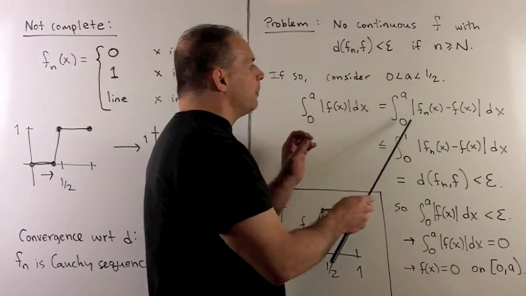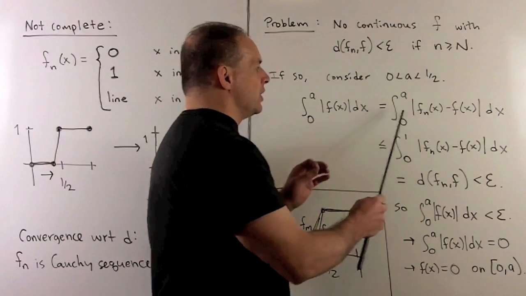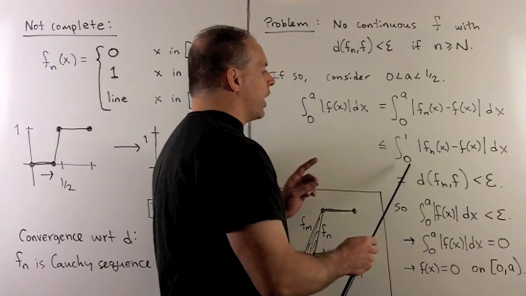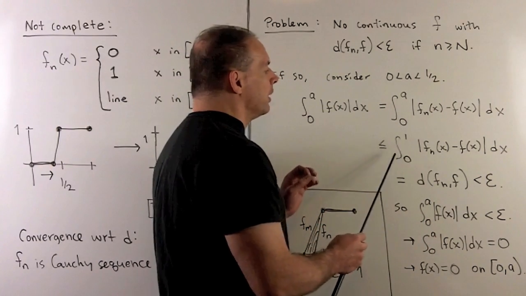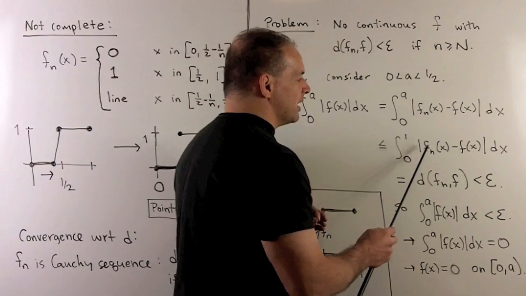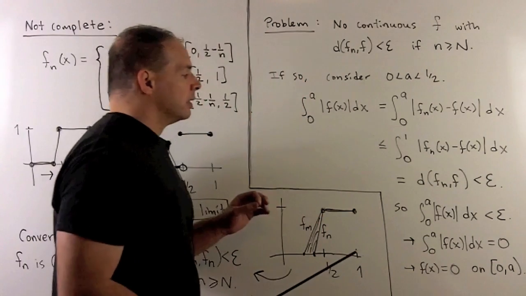Because we're on this interval, f sub n is equal to 0, so these are equal. Then, because these are positive functions, I can expand our interval of integration to 0 to 1, and use an inequality here. Now, this is just the distance between f sub n and f, so that's less than epsilon.